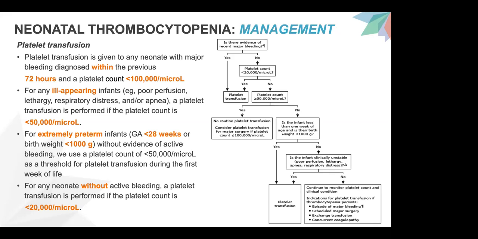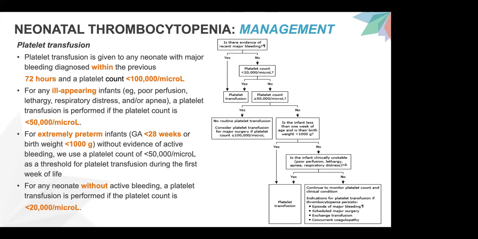I mentioned before the importance of knowing preterm and term infants. In an extremely preterm infant, with gestational age less than 28 weeks or birth weight less than 1,000 grams, even without active bleeding, we can start platelet transfusion if the baby presents with severe thrombocytopenia.